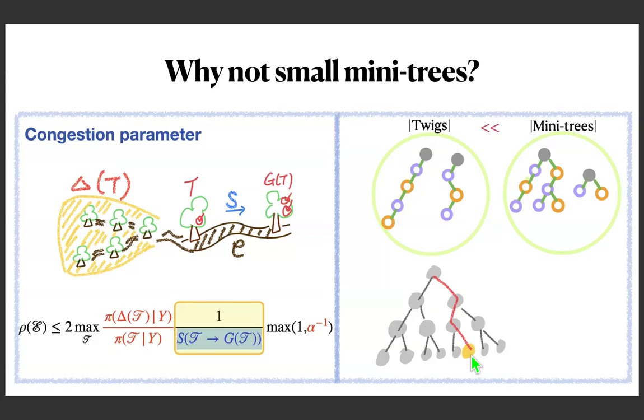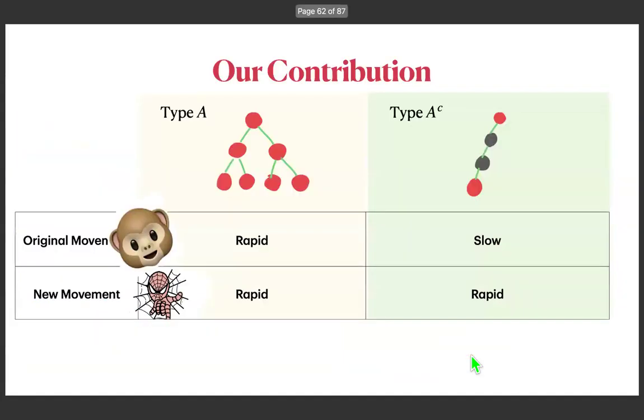So it's more manageable. To summarize, we had the monkey movement, the original movement, and that had a rapid mixing rate for the connected signal, but a slow mixing rate for the disconnected signals. And when we instead fly by using the twig movement, we can have rapid mixing for both types of data structure.